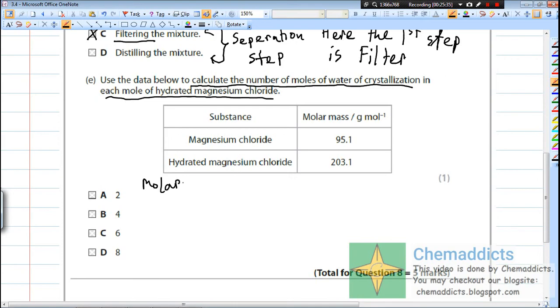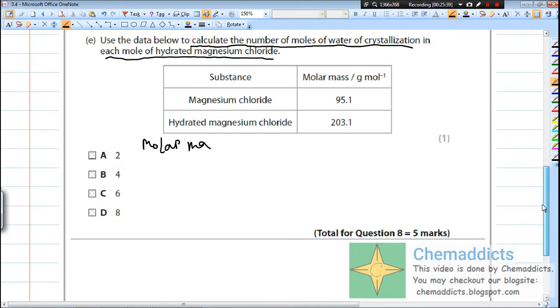Molar mass of XH2O. This means the water of crystallization.